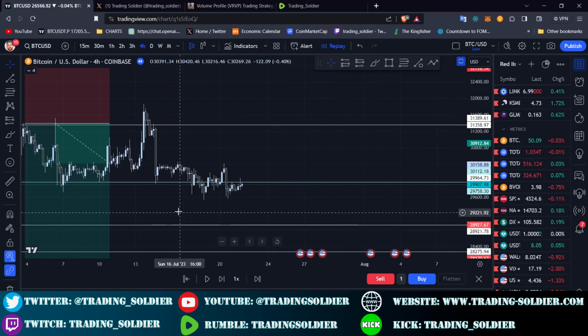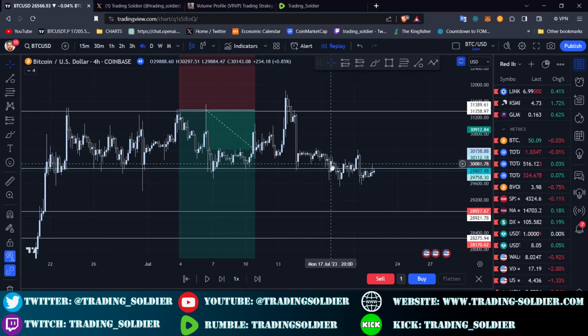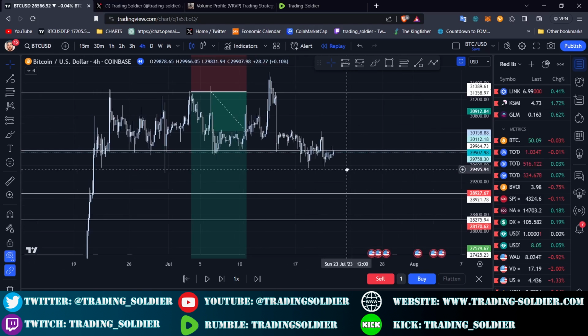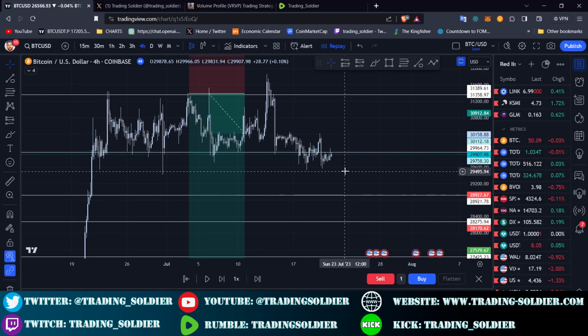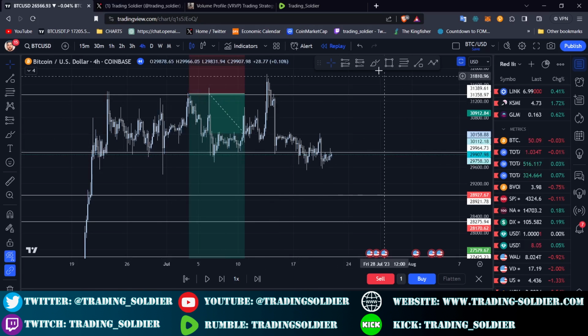Now we see a very interesting thing, that the support level is now flipping into a resistance. So now this is confirmation that the price action is telling us that this level that held before very well and caused these bounces to liquidate early shorts is now acting as resistance.